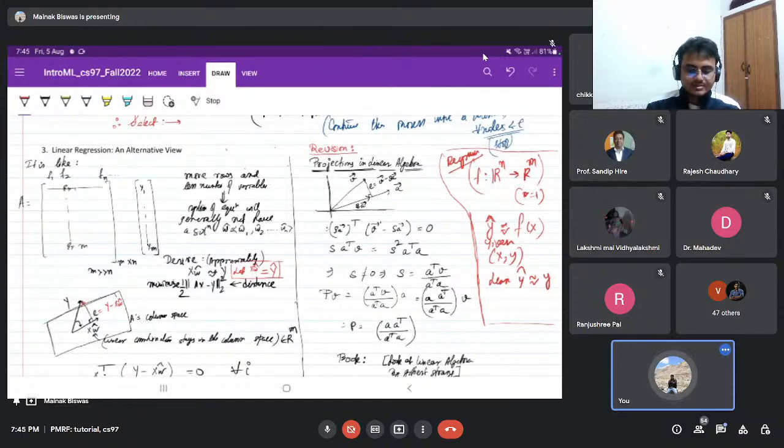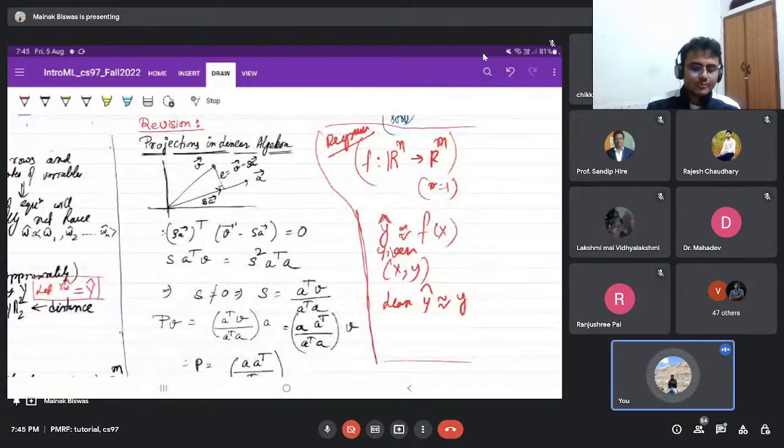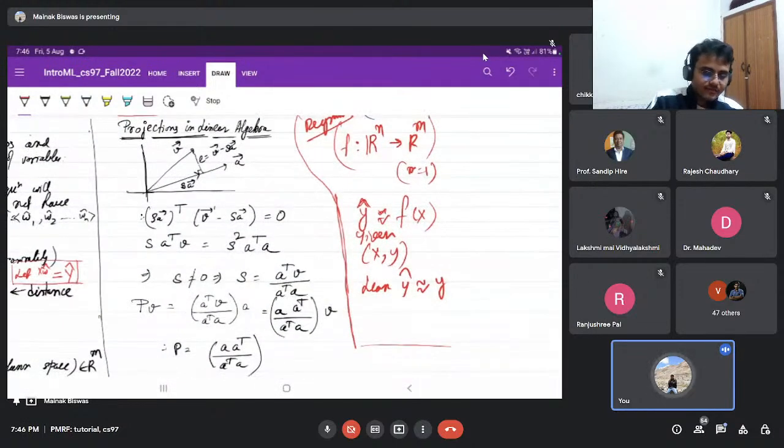Before that, let's see this. How do we project one vector onto another? I've given you an example here. If this vector is v, we take a dot product of v with a unit vector along a, to get the projection along a. This is the concept we'll be using.